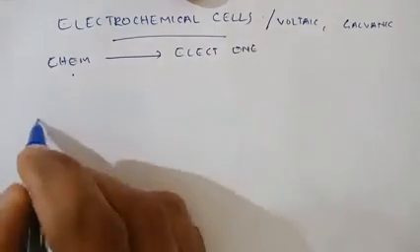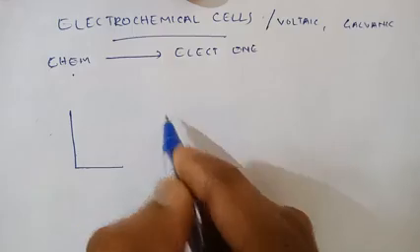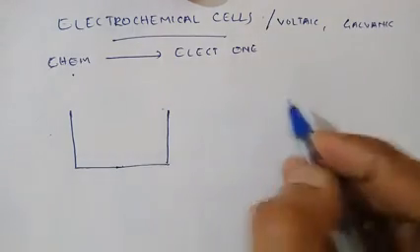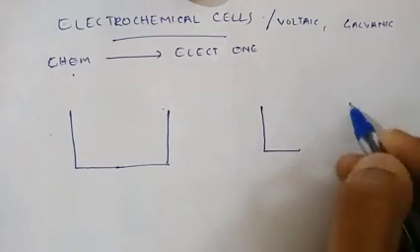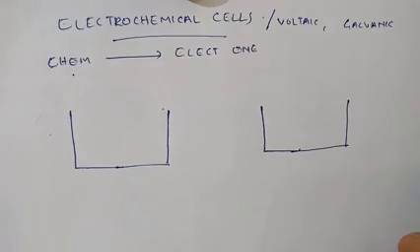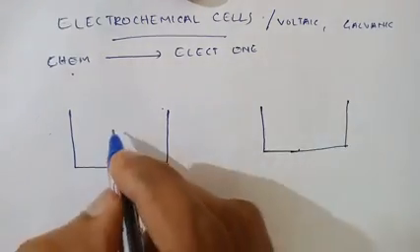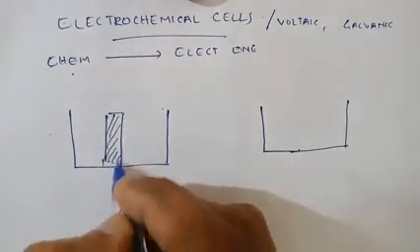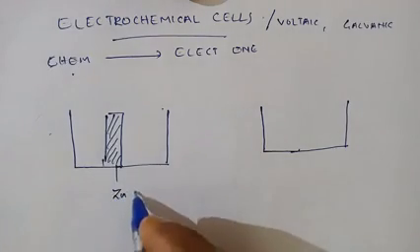How does it happen? We have to study a particular electrochemical cell. So I have to draw two beakers. Here two beakers are there. Inside one beaker, this is a zinc rod.